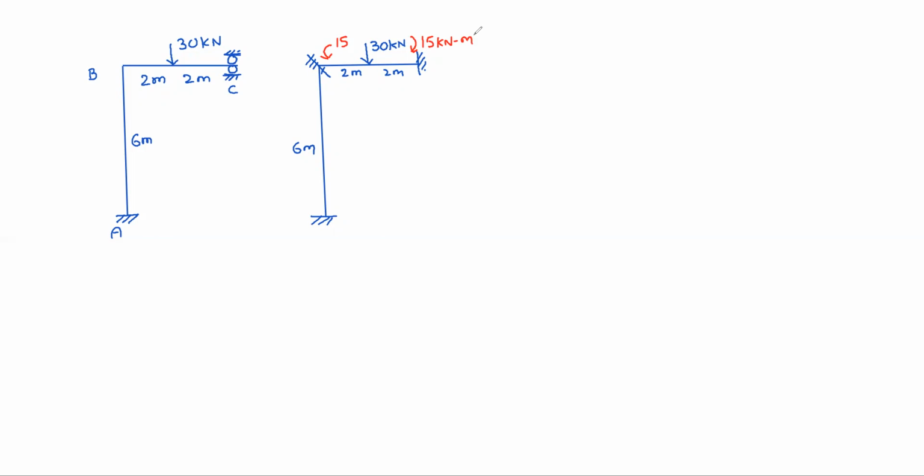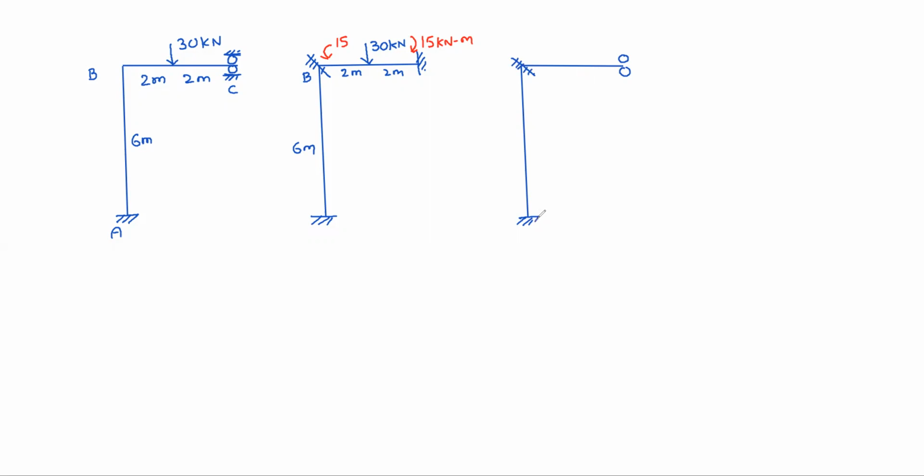Then next, one by one we will release. First we will release at C. By releasing at C, the deformed shape will take place like this. It displaces by releasing this, but fixity at B remains there.